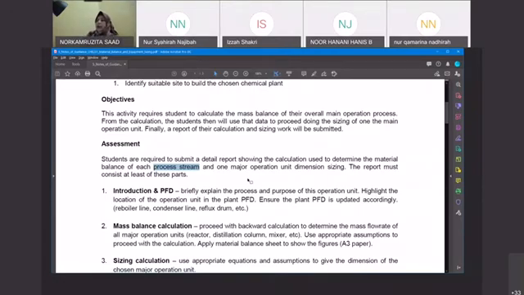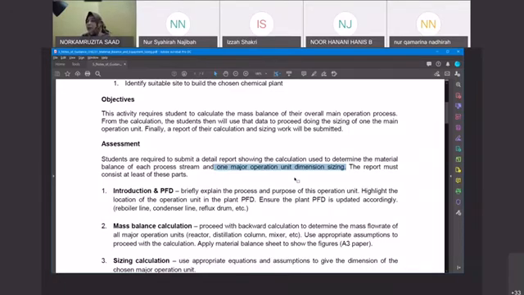Okay, now, when you determine the material balance of each process stream and the major operating unit dimension sizing, this will reflect on what would be the original size of your equipment actually.